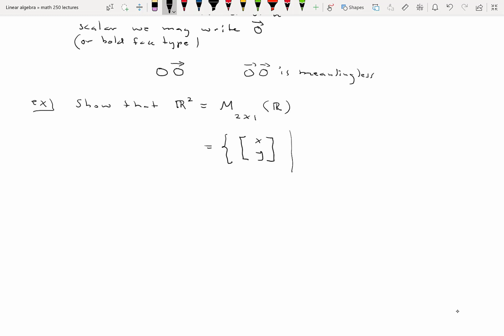That's really why we call them column vectors. This is the reason, such that x and y are real. So our points in the xy plane are now these quantities xy. We make no distinction between the ordered pair 2, 1 and the column vector 2, 1.